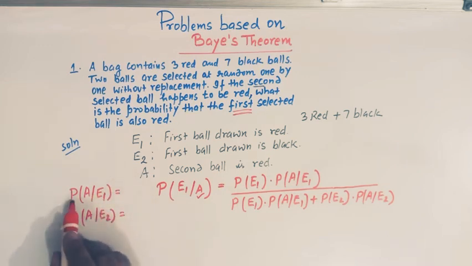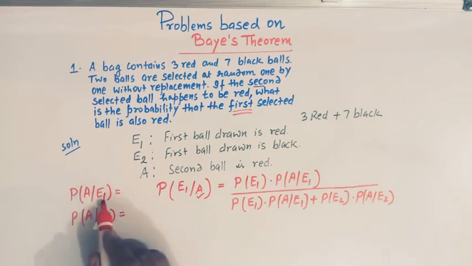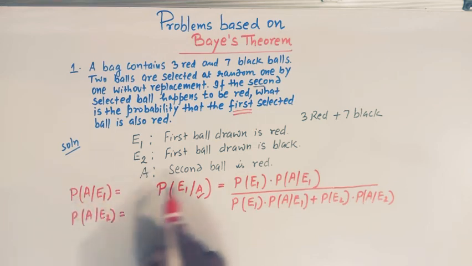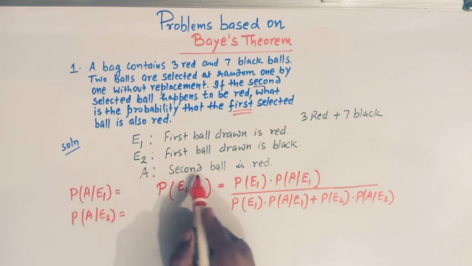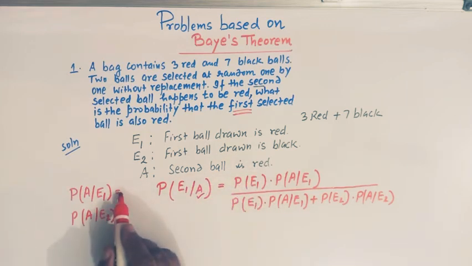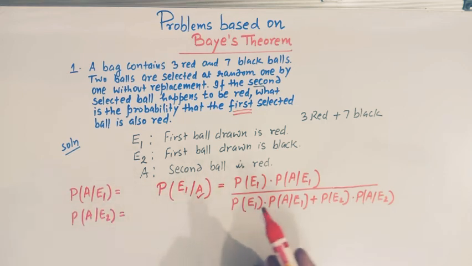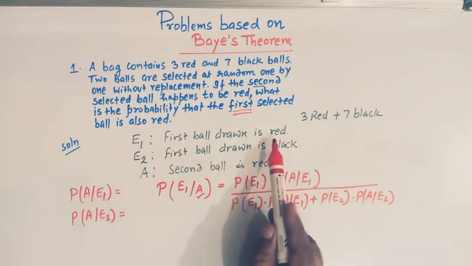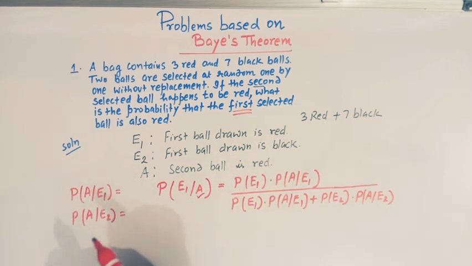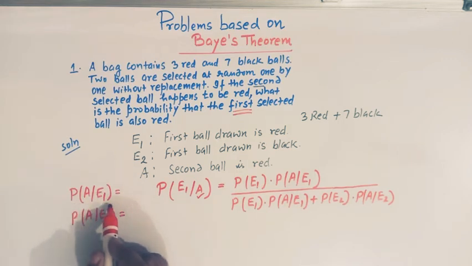So what does it mean? The conditional probability of the event A when E1 has already happened means the probability that the second ball is red when in the first draw we have already drawn a red ball. So what is P(A by E1)?